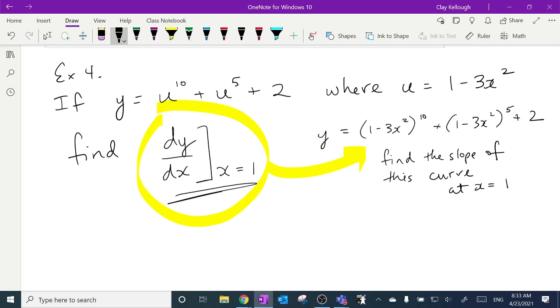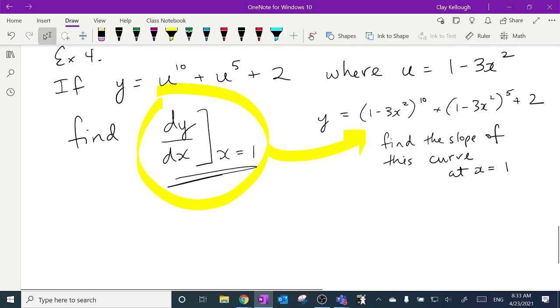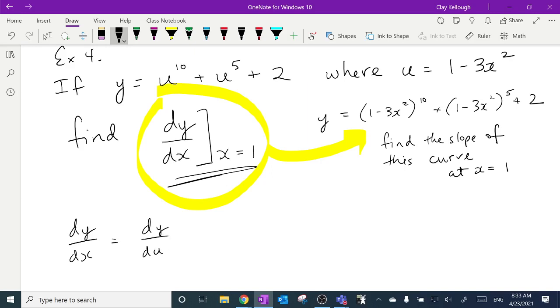Okay, so we want the derivative of y with respect to x, which is the derivative of y with respect to u, times the derivative of u with respect to x. What is the derivative of y with respect to u?